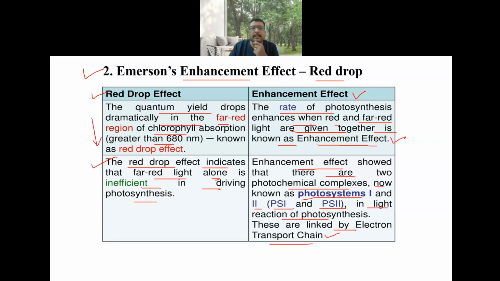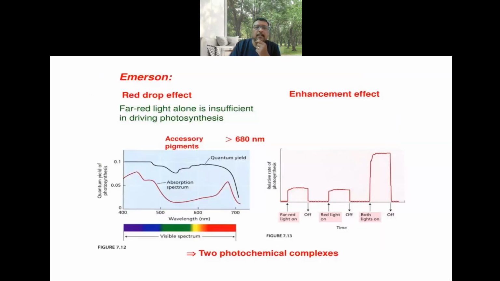Emerson said that there are two types of wavelengths taking place here, and depending on that we named them PS1 and PS2. PS1 uses a wavelength greater than 680 nm, and PS2 is the other photosystem, using light of wavelength less than 680 nm. So here you can see the red drop, with far-red light alone.